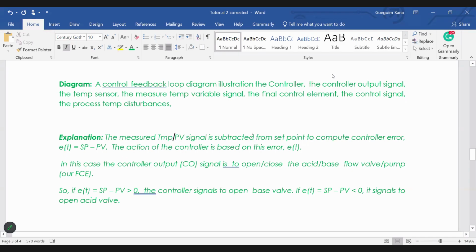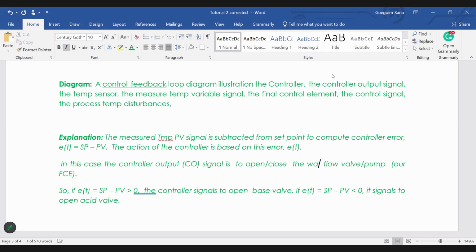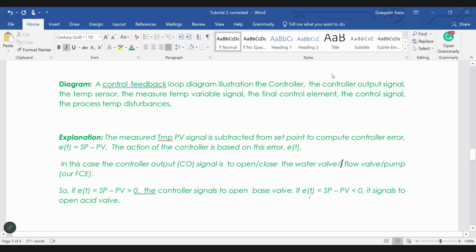The action of the controller will be based on the difference between the measured value and the set point value. In this case, the controller output will be to open or close, let's say, a cooling solution or a water flow, a water valve, or the flow pump, which is the final control element.